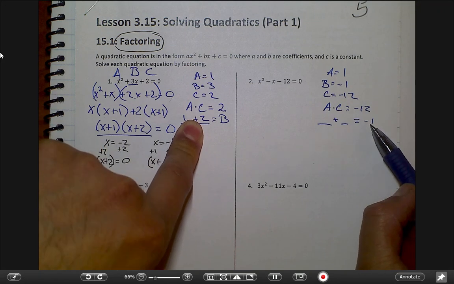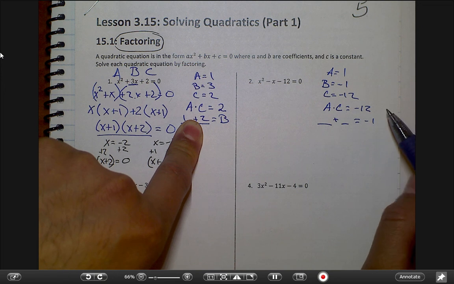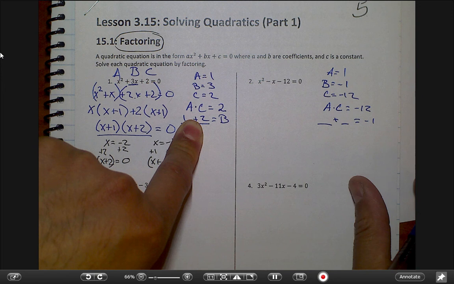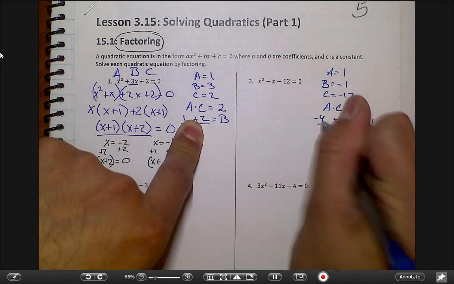Okay, so 12 and... no. Come on, Salsa Bell, that's what you're supposed to be working on the whole time. You were talking to me. Anjan, help her out, please. Negative 4 and positive 3.